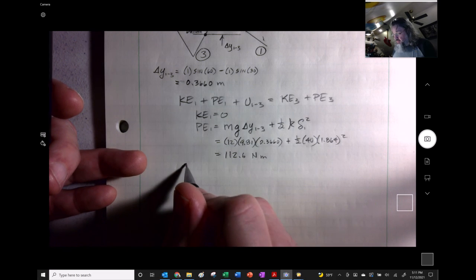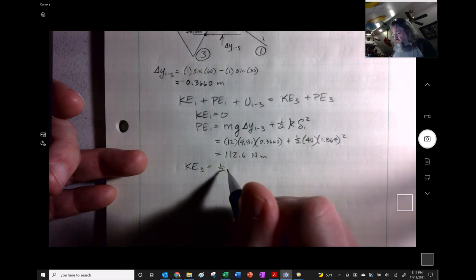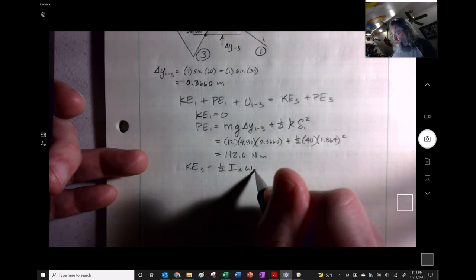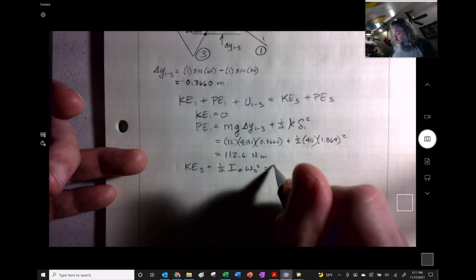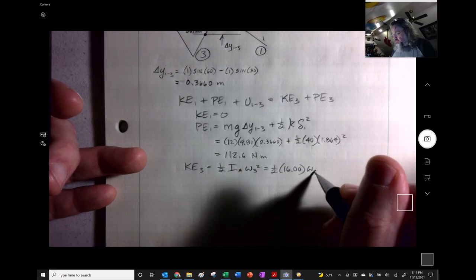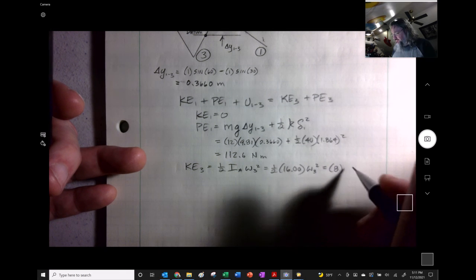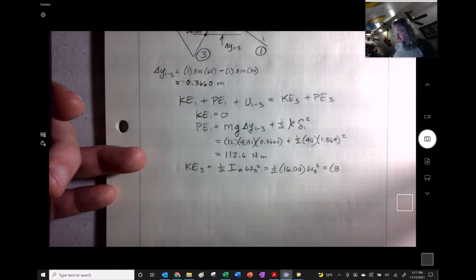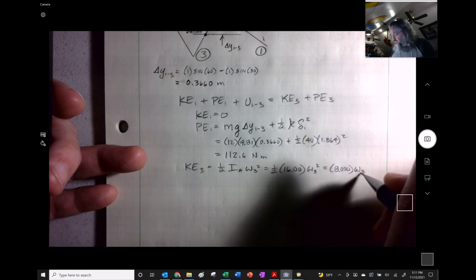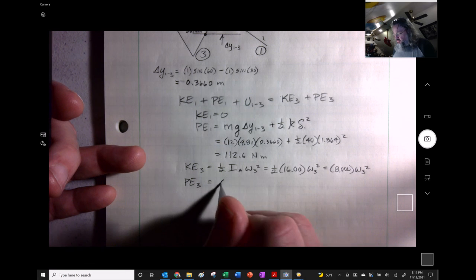And the KE3 is still 1/2 I about A omega 3 squared, which was 1/2 16 omega 3 squared, aka 8. I guess I'll put all the sig figs in there, and I kind of feel like it's silly. That's all right. And then PE3 should be equal to 0.